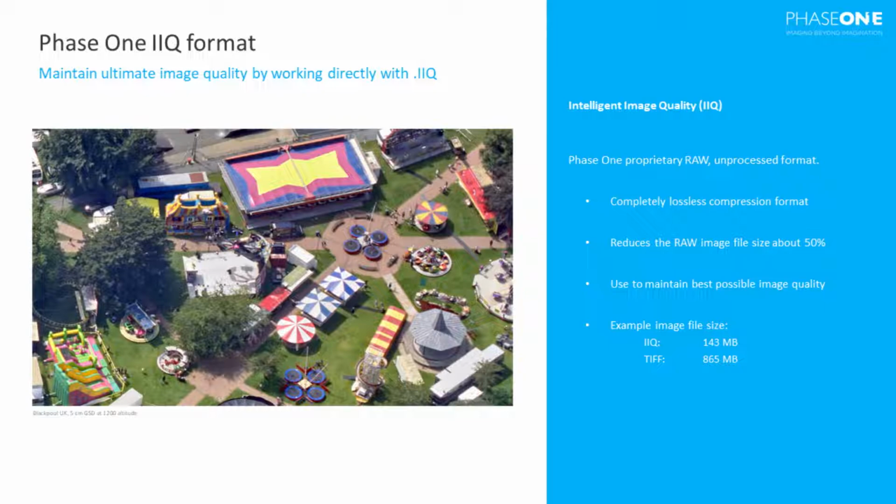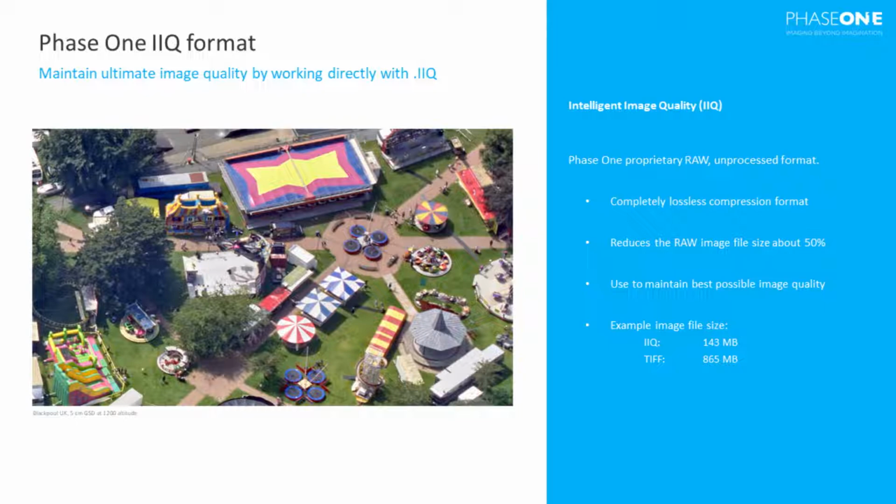It is a proprietary format, and in our world it's an uncompressed format, but one that we've designed so that it preserves the aspects of the image which you want to work with most efficiently in your onward workflow. For example, it's a completely lossless format, even though in our view it's uncompressed. It reduces what might be a traditional raw image by 50%.